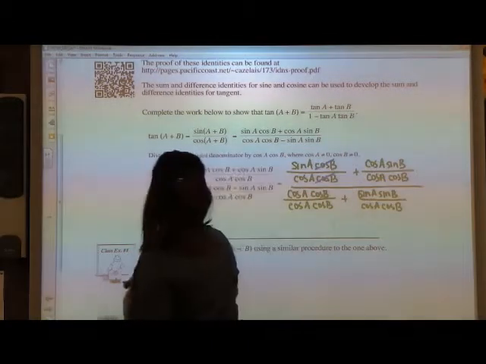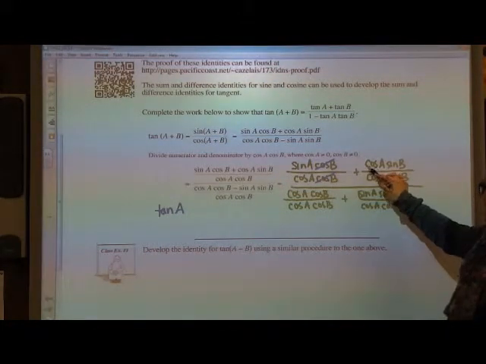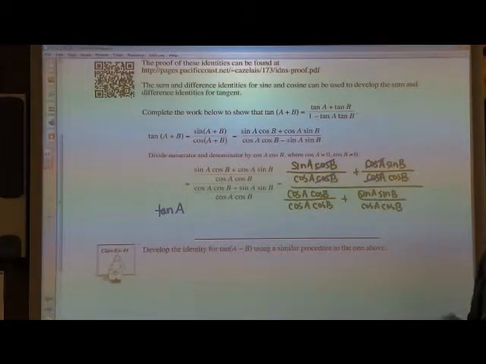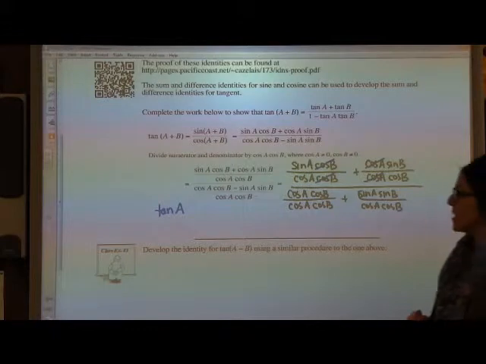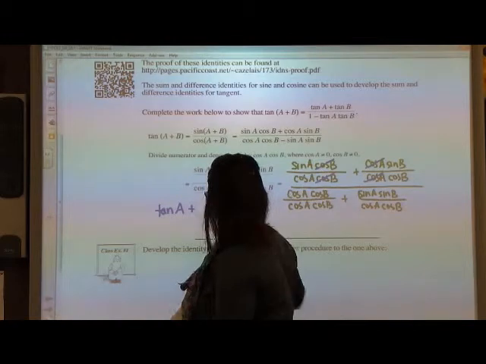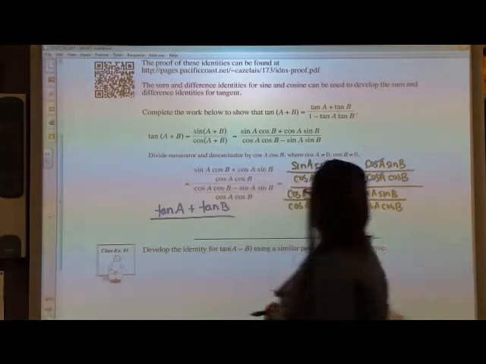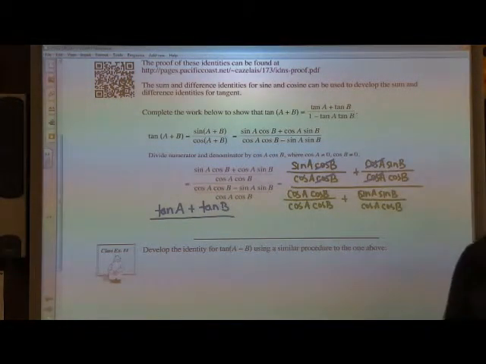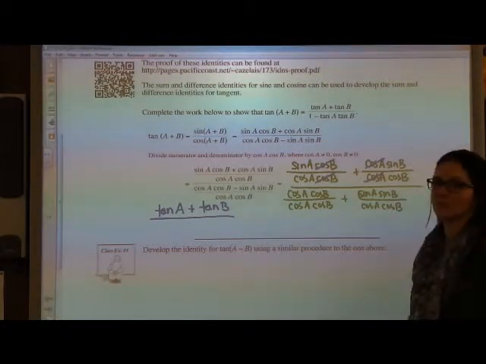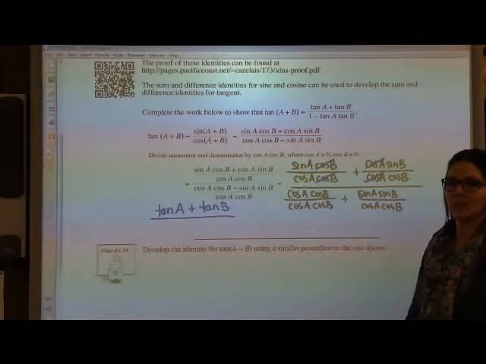Tan A. So I get tan A. And then in the second term, the cos A's cancel, and so now I have sine B over cos B, which would equal tan B. So I got tan A plus tan B over cos A cos B over cos A cos B equals, what happens here?